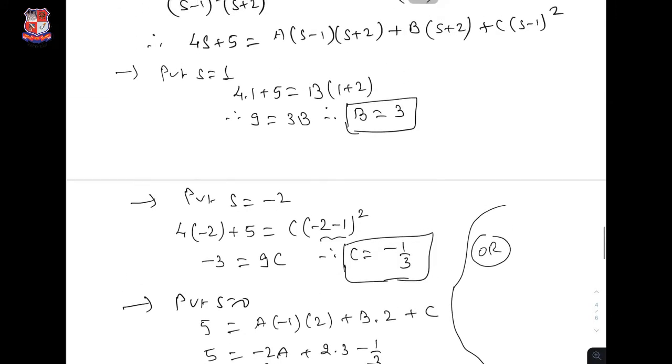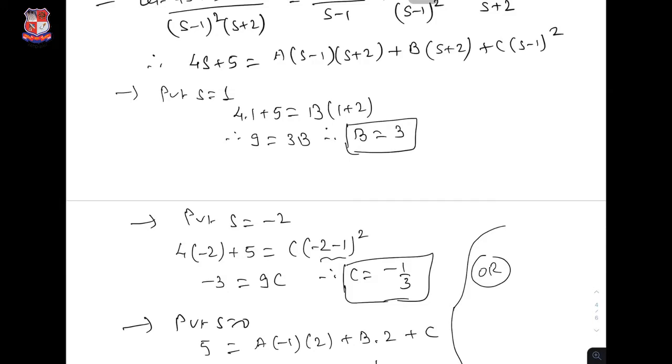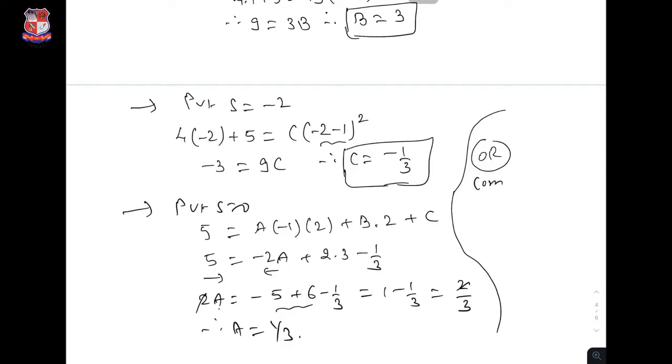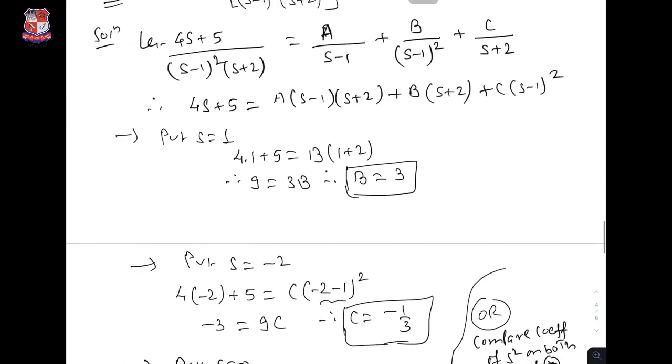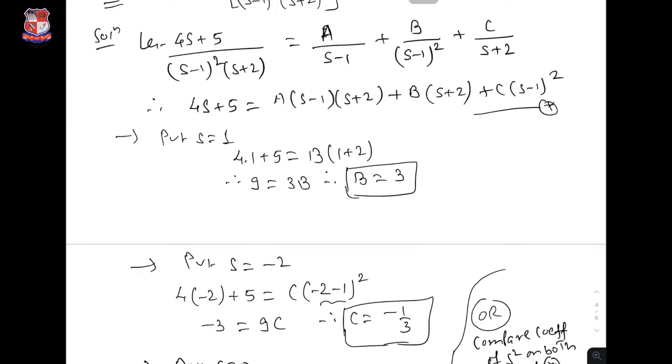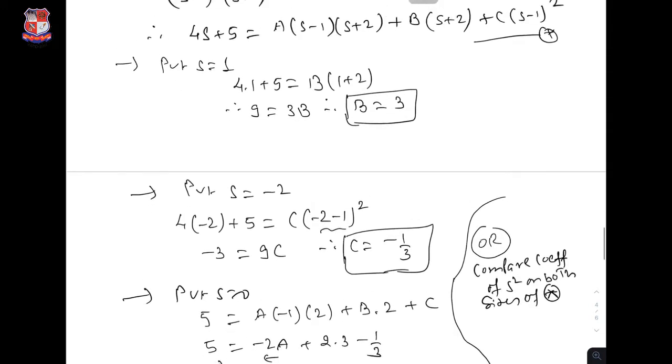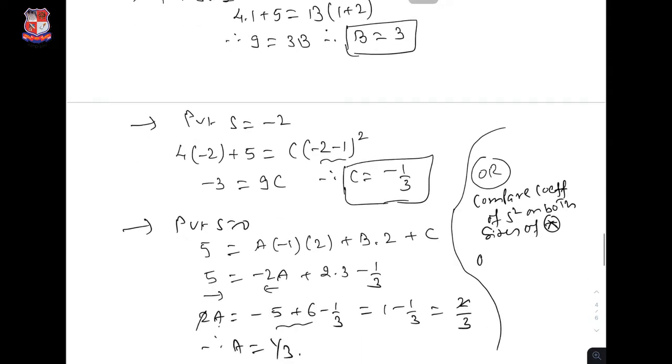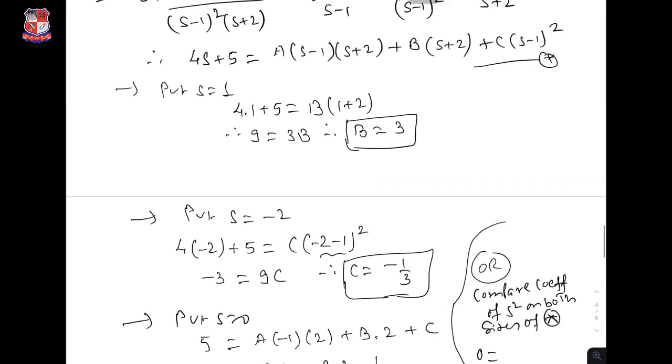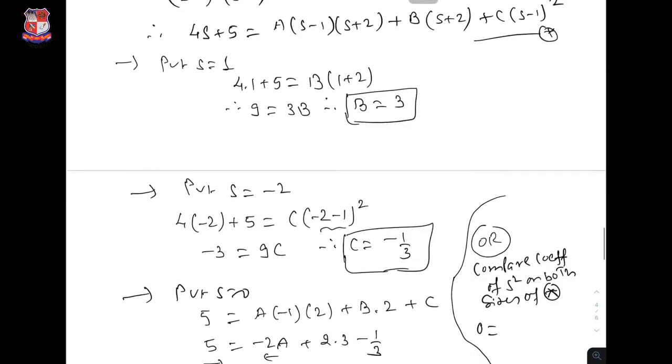Or you can have another way also, like you can compare the coefficient of s square on both sides of the star. What is the left side coefficient of s square? There is no s square term, so left side is 0. Now on the right side the s square term will be here, s into s square, and its coefficient is a.